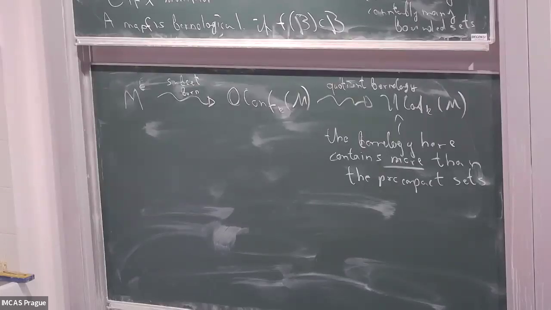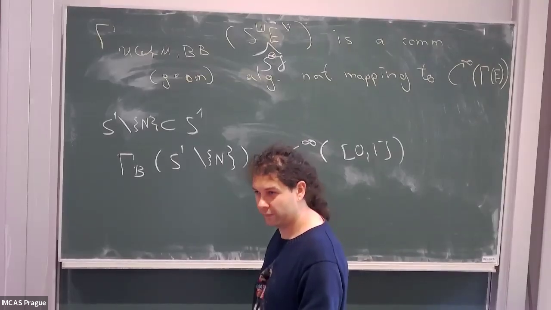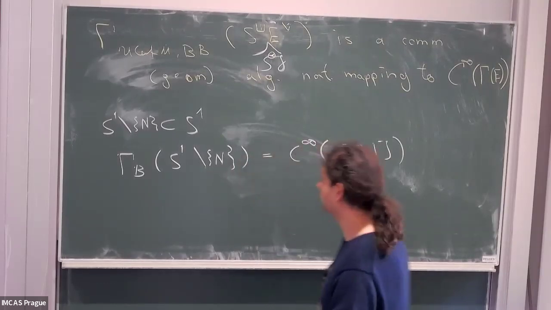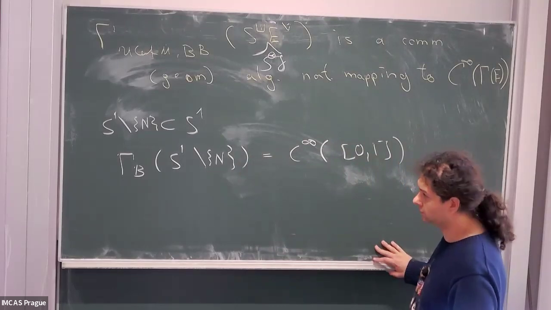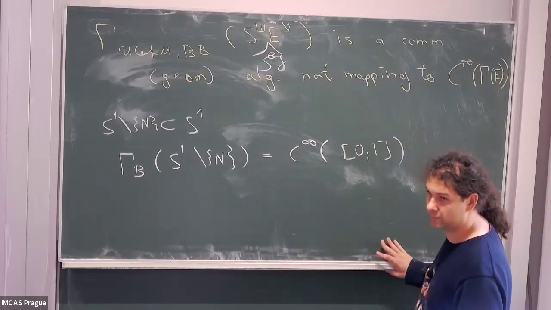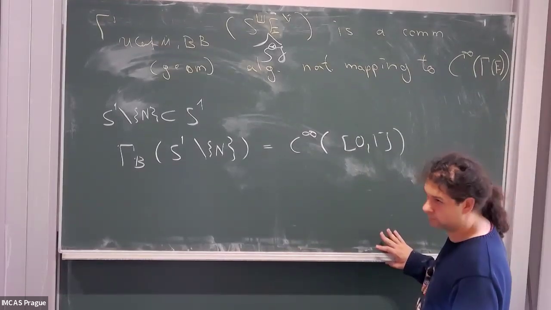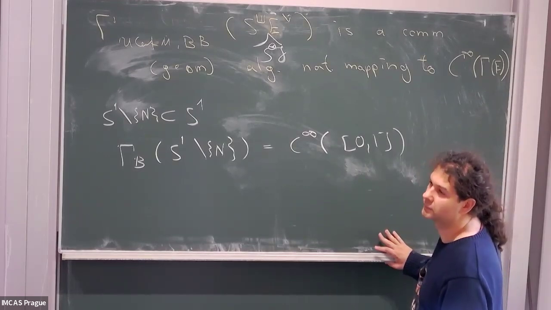But in the example that you gave with the circle, if you take one of these elements of C infinity of the closed interval, such that at the sides of the interval the values of the function don't agree, and then you go back to the circle and integrate that against the field configuration, you will get a distribution.